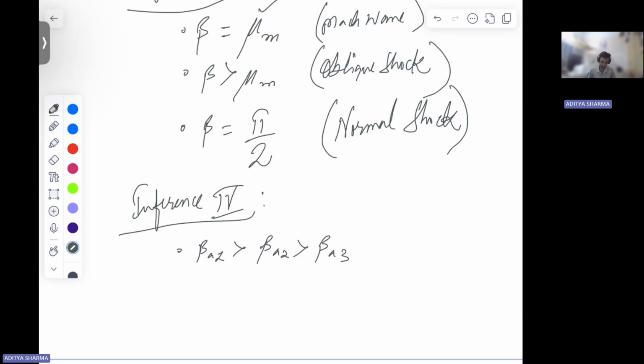But also M1 is less than M2, which is less than M3. So this is the fourth inference.